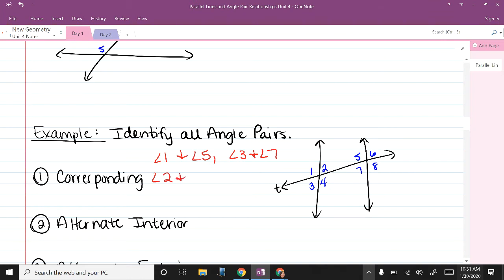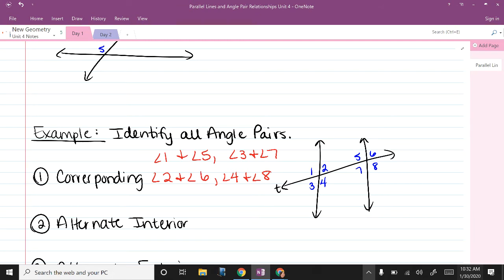Angle 2 and angle 6. All right. Angle 4 and angle 8. And those are all my corresponding pairs. Y'all agree? And they go both ways, right? Y'all understand what corresponding means? They're in the same position of the transversal.